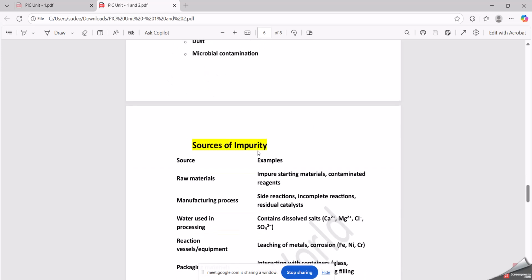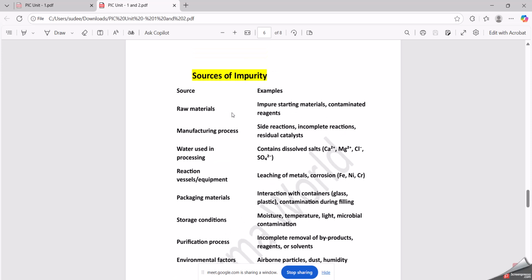Then you have to see this table, it is an important table. If they ask about types of impurity or sources of impurity, they may ask a question from it. In this source table: raw materials used, that is impure starting materials and contaminated reagents. Manufacturing processes contain side reactions, incomplete reactions, or residual catalyst.